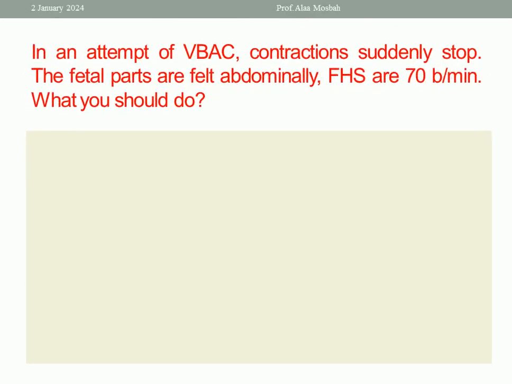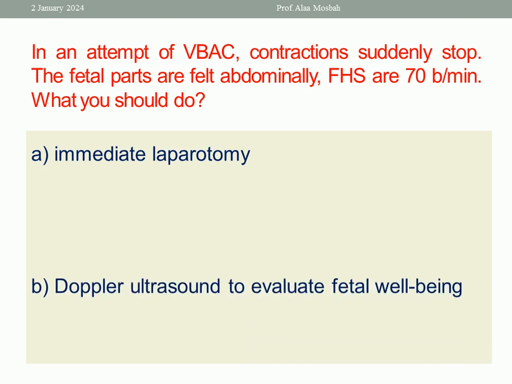In an attempt of vaginal birth after cesarean, contractions suddenly stop. The fetal parts are felt abdominally. Fetal heart sounds are 70 beats per minute. What should you do? A. Immediate laparotomy.